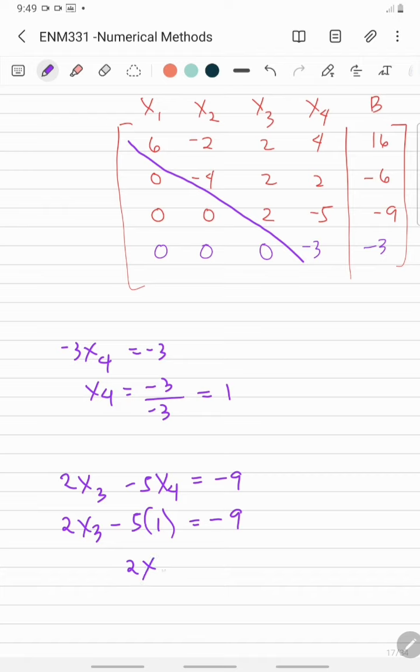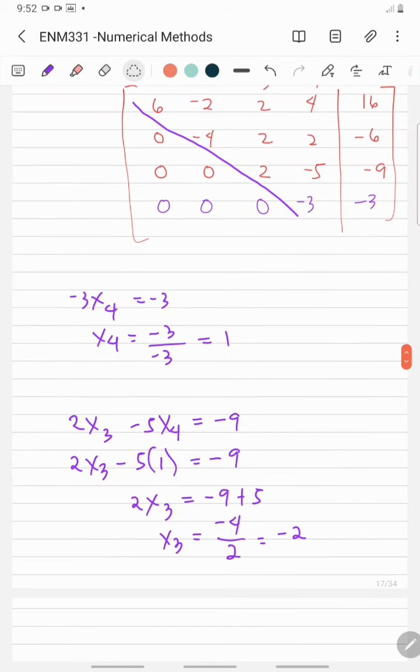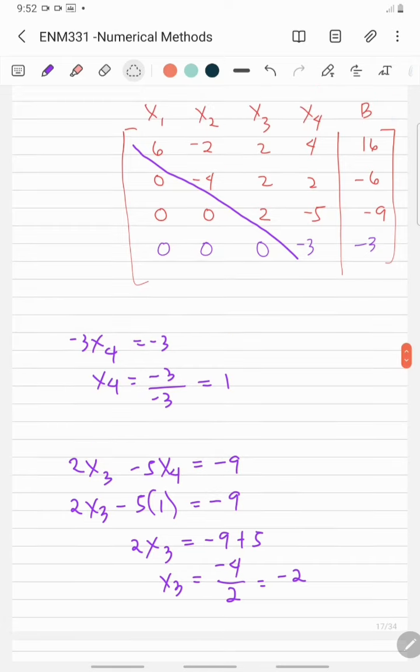So this will be 2x3 is equal to -9 plus 5. So x3 is equal to -9 plus 5, that is -4, divided by 2. So the answer is equal to -2. So x3 is equal to -2.